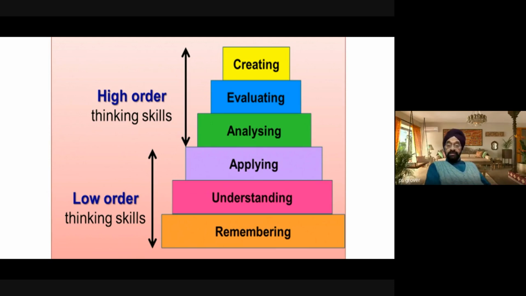That's where we are making student to practice analysis, analytical skills, evaluating judgments, creating prototype, and so on. So by affording an opportunity to the student to think beyond remembering and simple thing doing applying, we are motivating a student to enhance his skills.